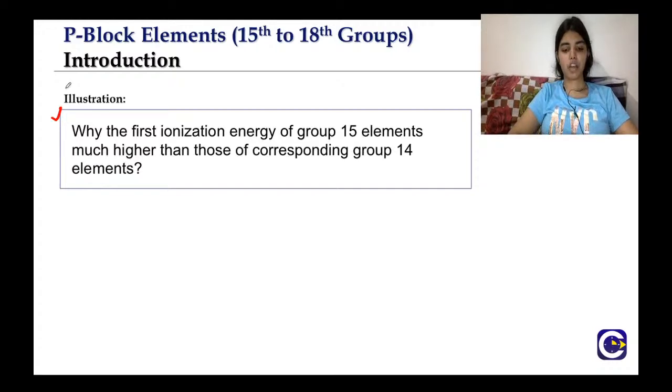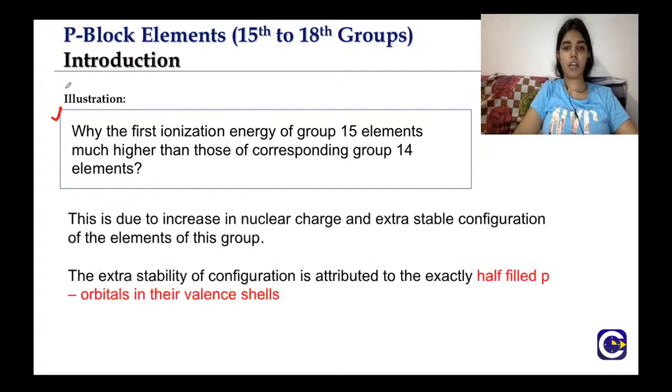Refer to the electronic configuration. What is the general electronic configuration of group 15 elements? ns2 np3. Arun, you are correct, half-filled stable configuration, yes, good. Nilambri, you are correct. Arun, not d orbitals but half-filled p orbitals.